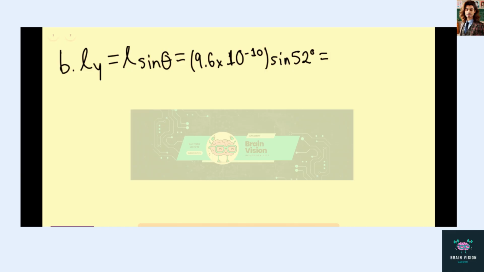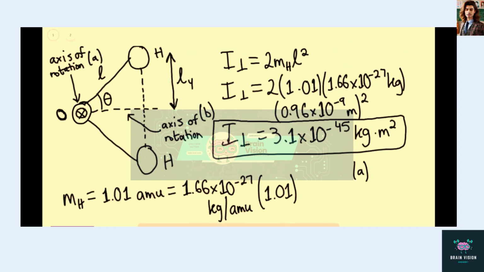This is giving us 7.564 times 10 to the negative 10th meters. So essentially, when the axis of rotation is in the plane of the molecule, we have to use L sub y, because now the distance between the hydrogen atom and the axis of rotation decreases a bit.